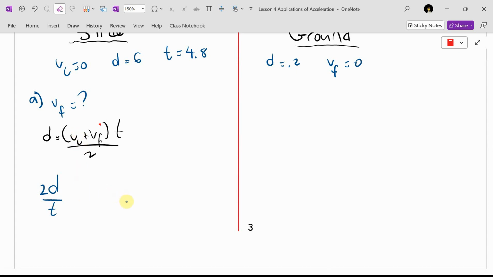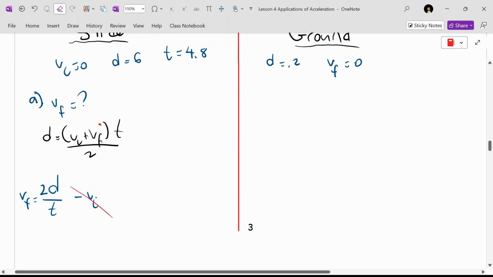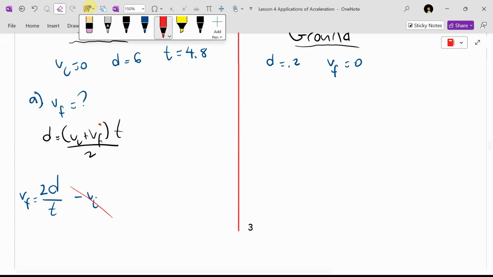How would I move the VI over? What's the VI doing to the VF? So, yep. Minus VI, and I'll put the VF equals over on this side. Now, Christian, in this case, VI is 0, and so it's not going to make a difference. But if it wasn't 0, that's where it would go.